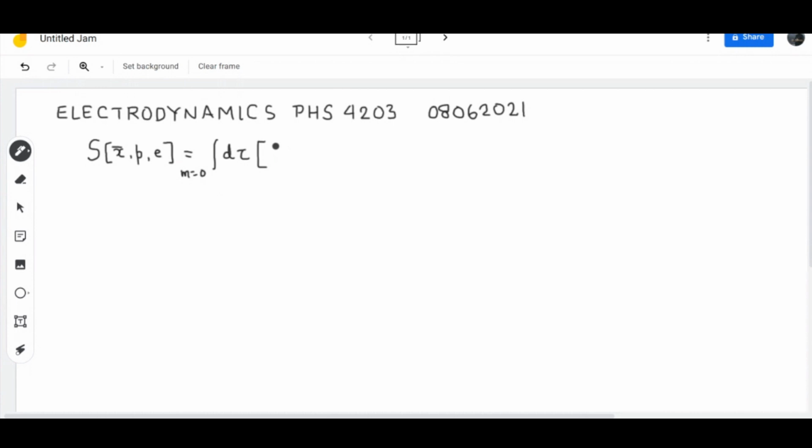The idea was that if you go back to this, minus half E p squared, and then there was this minus m squared c squared in the massive case, right?